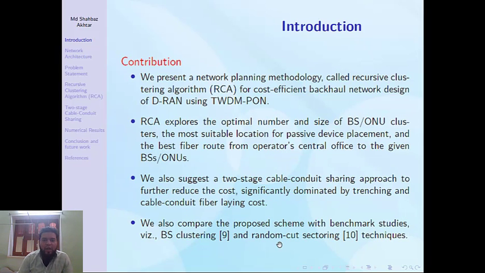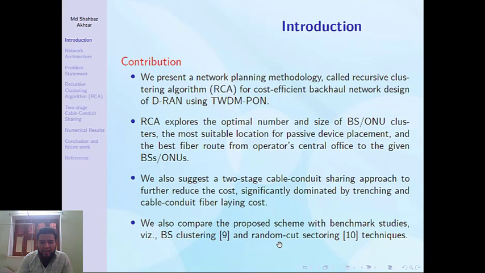Now what is the contribution? In this work, we have proposed a recursive clustering algorithm for designing the backhaul architecture of a DRAN system. What RCA does is explore the optimal number and size of ONU clusters. ONU and base station are used as the same term here, because each ONU is connected with a base station.